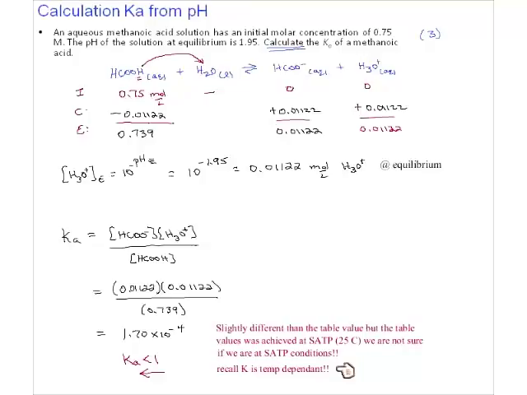So any other temperature would give us a slight variation in the K value. So we should be pretty darn close, but it's going to be slightly off because we may not be at 25 degrees Celsius, right? Because K is temperature dependent. K will fluctuate if the temperature fluctuates.